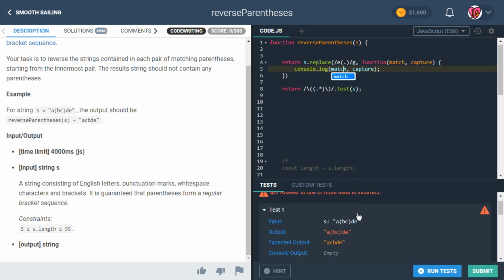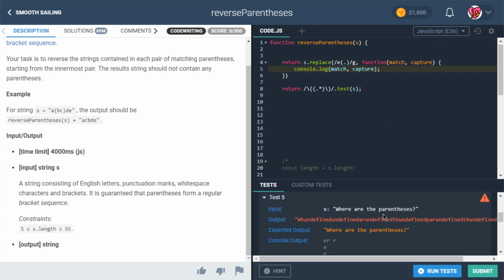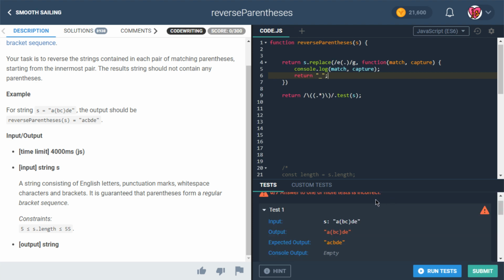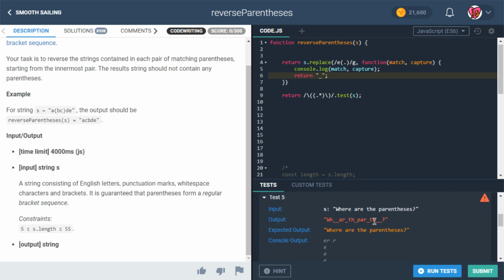So the capture group really should just be that second thing. There we go. We're not returning anything, so we actually do need to return the thing that we wanted to replace this thing with. Okay, and there we go.